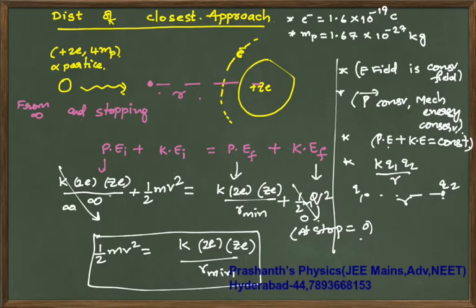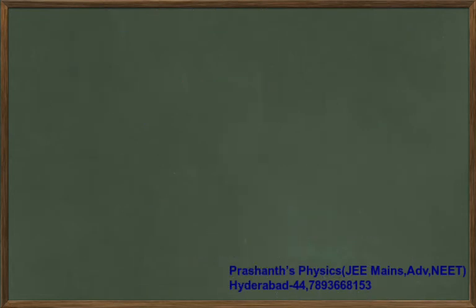Based on this, in Rutherford's model you will have basic questions. In electrostatics we have seen that K is 1 by 4 pi epsilon naught, equal to 9 into 10 power 9, and one electron volt is 1.6 into 10 power minus 19 joules. All these expressions you have to substitute.